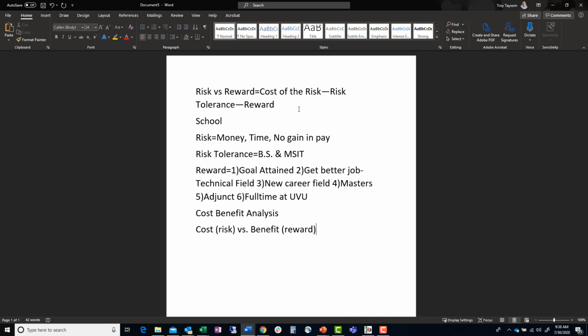So on a bigger level, the reason it's important for you to understand cost benefit analysis is this. The IT department, which is where most of you are going to end up working, or in some other technical department, maybe you're going to be a developer, maybe whatever. But in any of these departments, you are a liability.